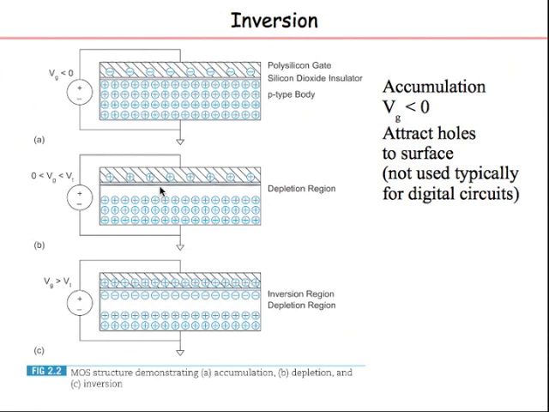Weak inversion is when it's just starting to invert, moderate inversion is where a little bit more, and strong inversion is where you have a really high concentration of electrons, as much or more than what is there in the rest of the body. The rest of the body has Na, the acceptor ion concentration. Here you have at least that much or more. So this is an important point.